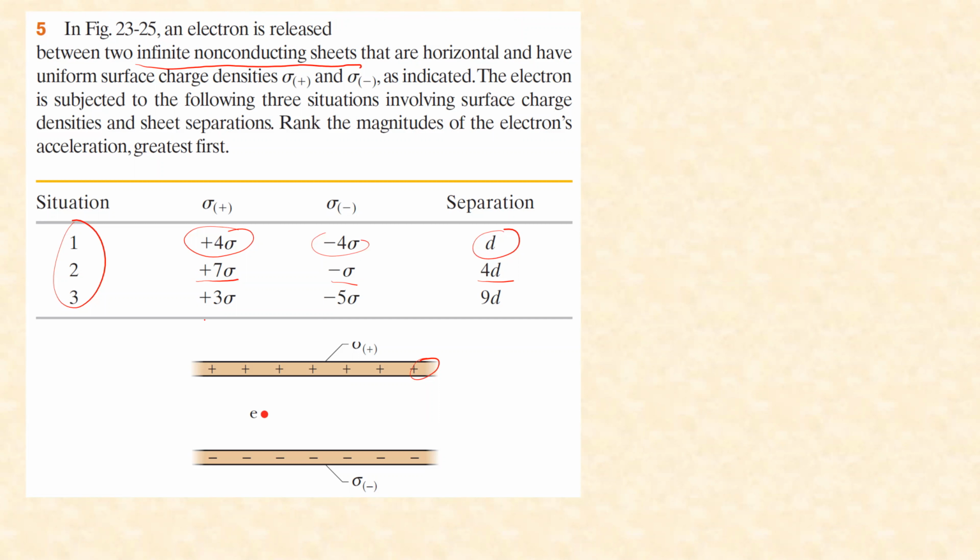In situation 3, we have plus 3 sigma and negative 5 sigma, and the separation is 9D. Rank the magnitudes of the electron's acceleration, greatest first, for the 3 situations. What do you think?